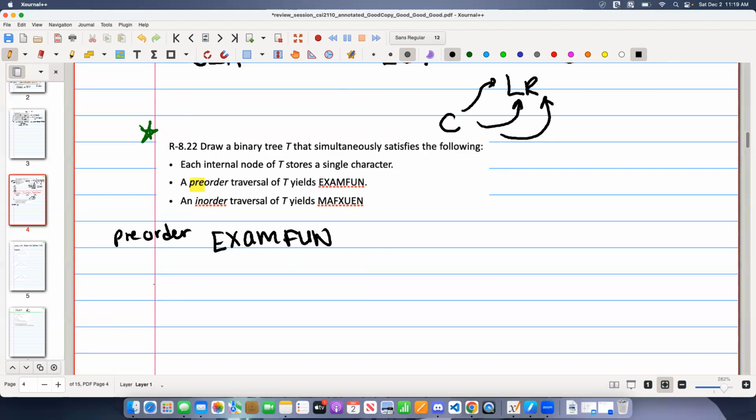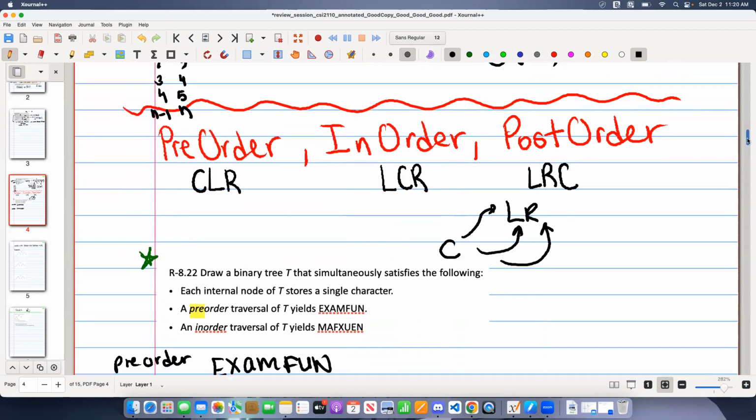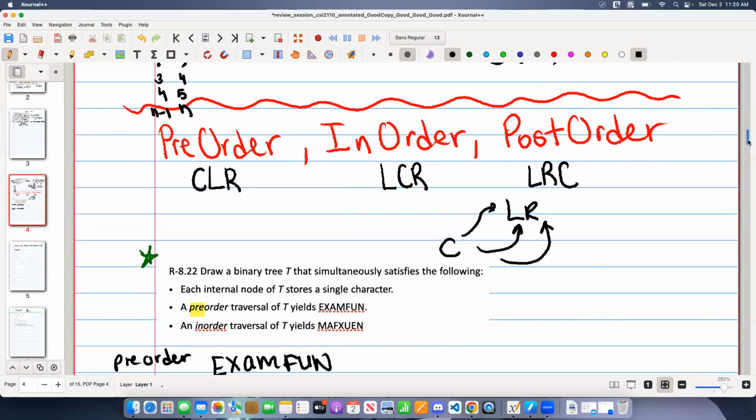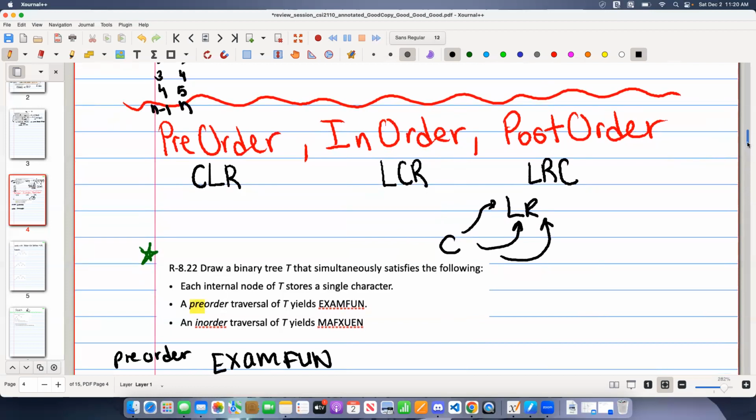Wow, it's almost like you couldn't get any more obvious that it will probably be on your exam. And then for in order, you have MAFXUEN. Now, I'm probably going to go through this more fluidly because I have a sense of what's happening.